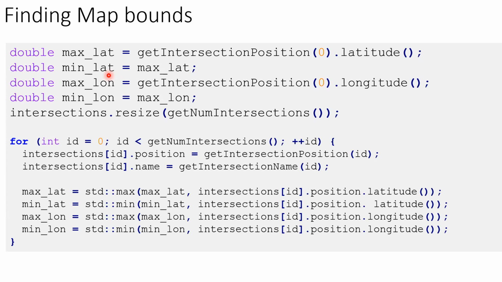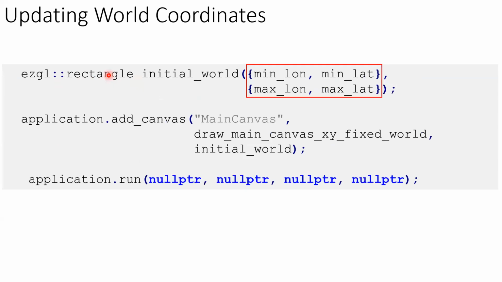I'll continue then. After this, we will have the maximum and minimum latitude and longitude to initialize the world to be. So we do the minimum long, minimum lat, maximum long, maximum lat.